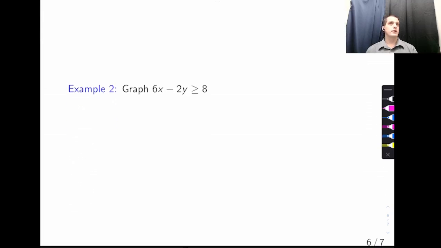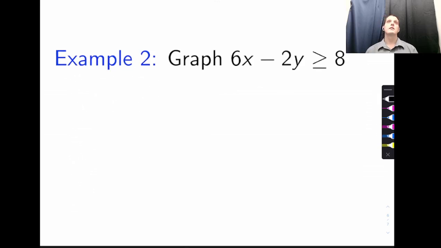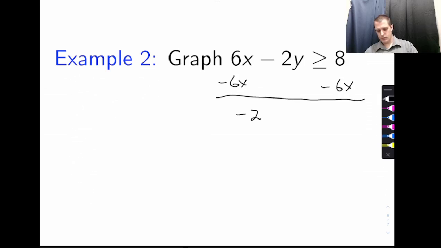All right. Another line, graph 6x minus 2y is greater than or equal to 8. We're going to start off very much the same here. We're going to get y by itself, so I'll subtract 6x from both sides. We'll get negative 2y is greater than or equal to negative 6x plus 8.